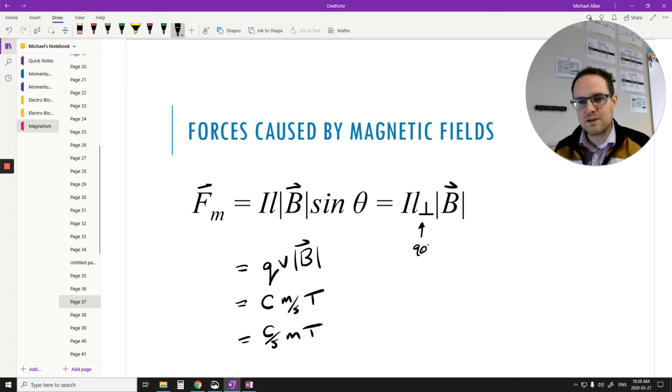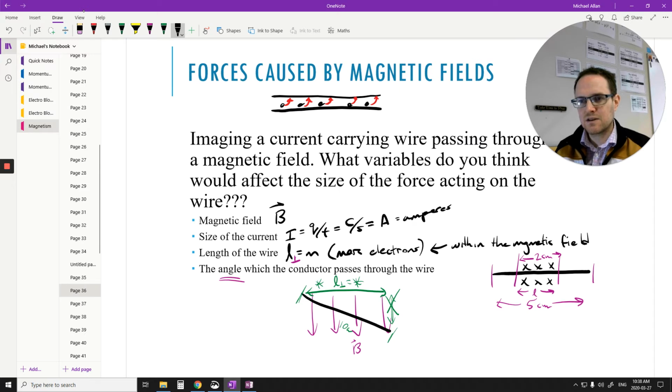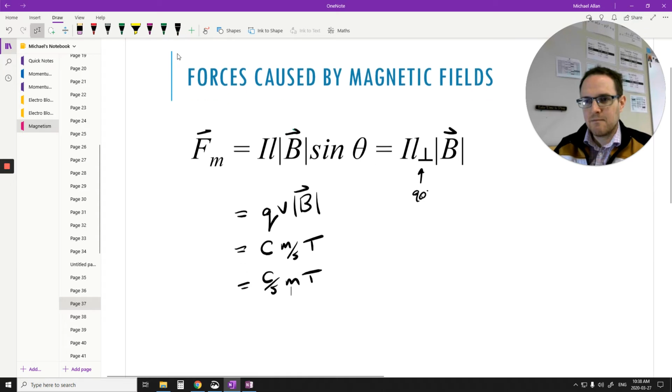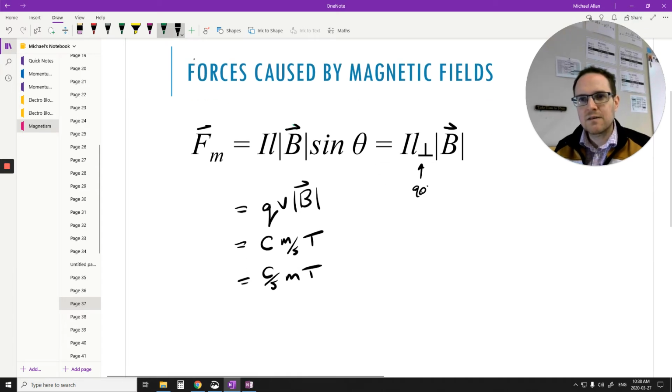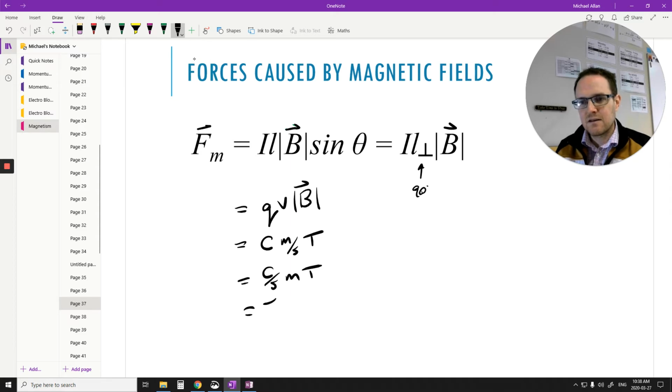But then you notice that what I was talking about before, a current is a Q over T, which is coulombs per second. Here we have another coulombs per second. So this formula could change between the two. That becomes the I. This is meters, that's the length in the wire. And this is just still Tesla, so that doesn't change.